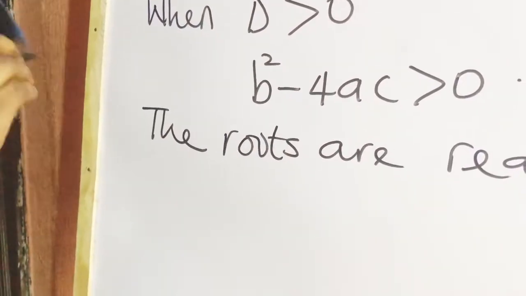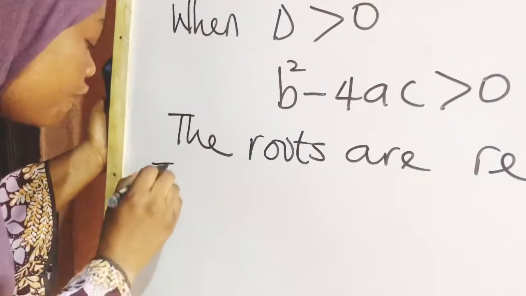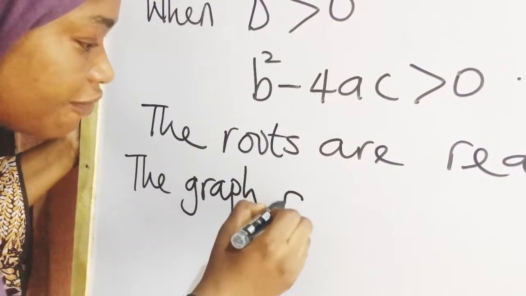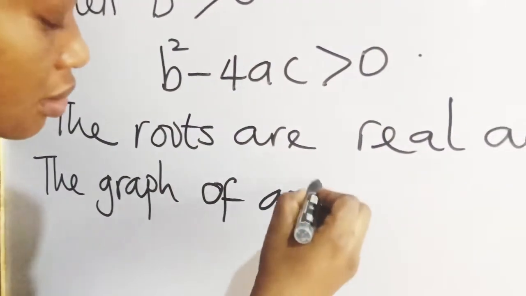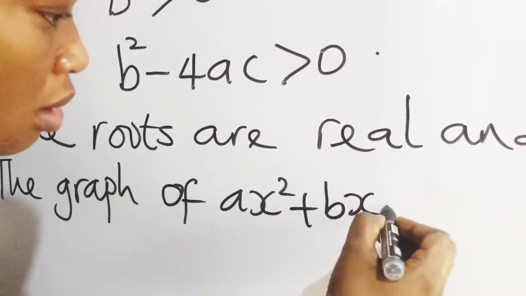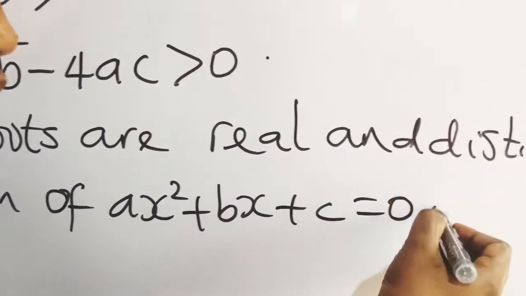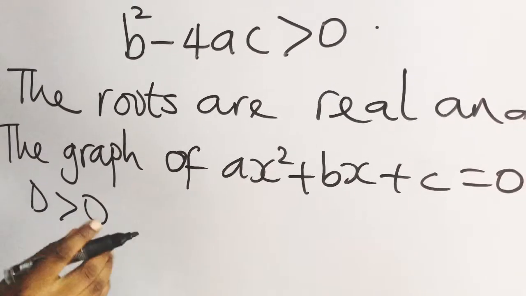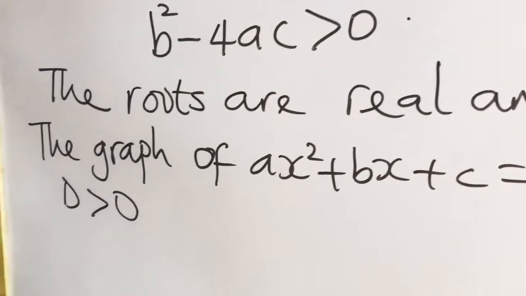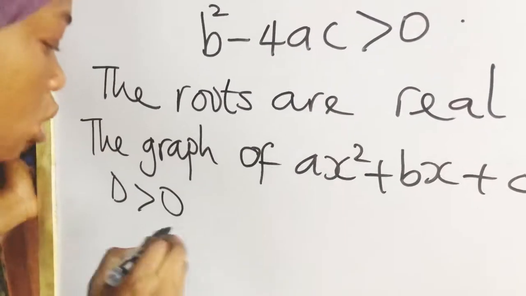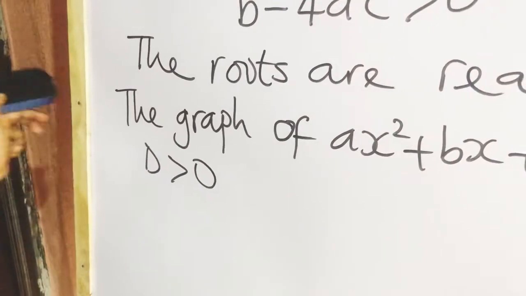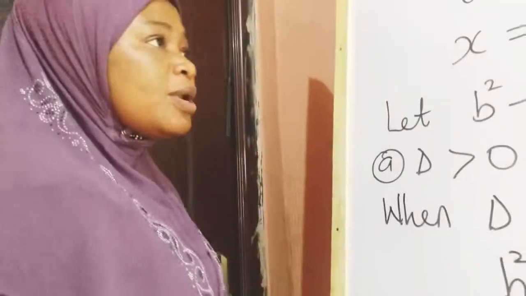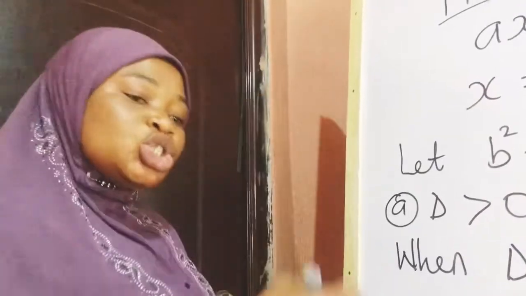Now, what will happen to the graph? The graph of ax squared plus bx plus c equals 0, when d is greater than 0, is going to touch the axis on both sides. We have discussed that the graph of a quadratic equation is known as a parabola, in the form of a U shape.